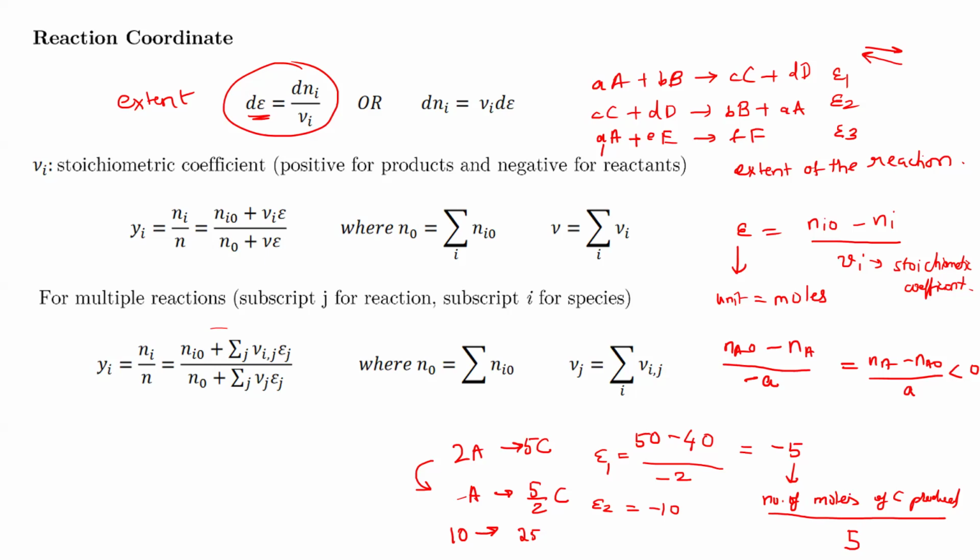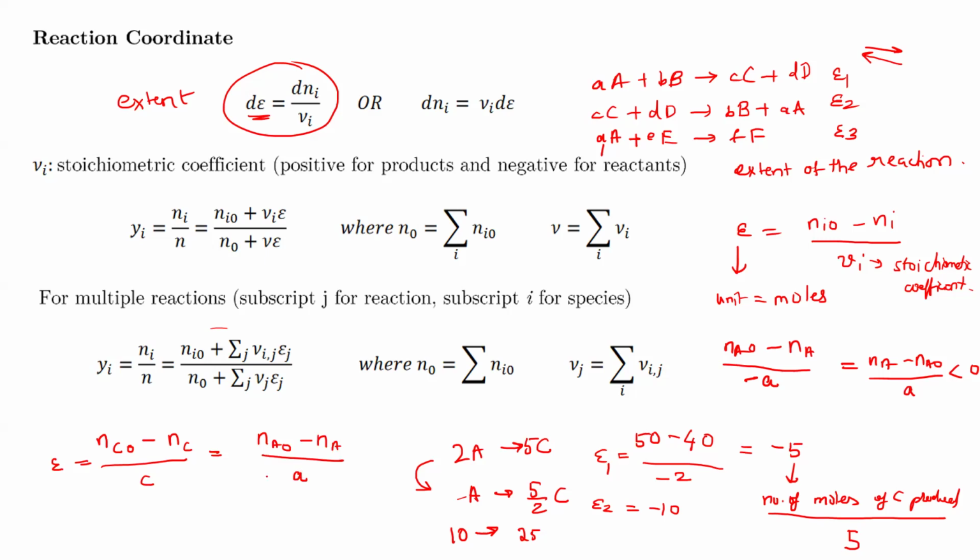Initially assume the number of moles of C was NC naught. So NC naught minus NC by C equals NA naught minus NA by minus A, where these are stoichiometric coefficients.